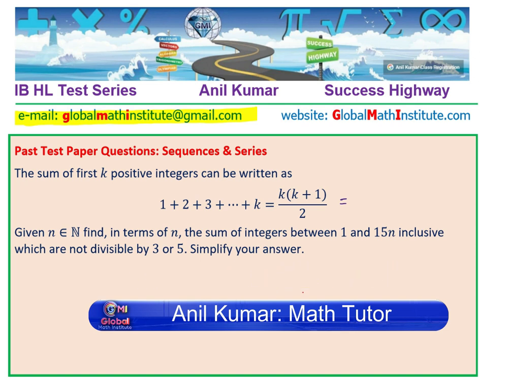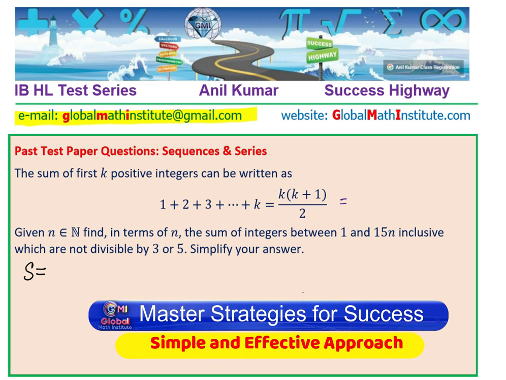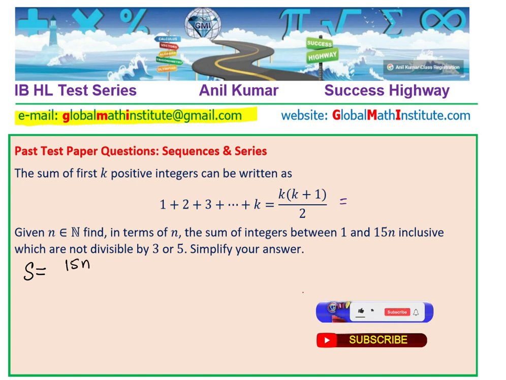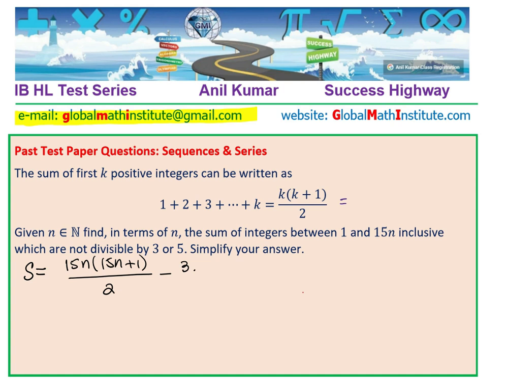So what is this sum? We can write this sum as the sum of all the numbers up to 15n, which is 15n times (15n plus 1) over 2. Take away the multiples of 3: it will be 3 times 5n times (5n plus 1) over 2.